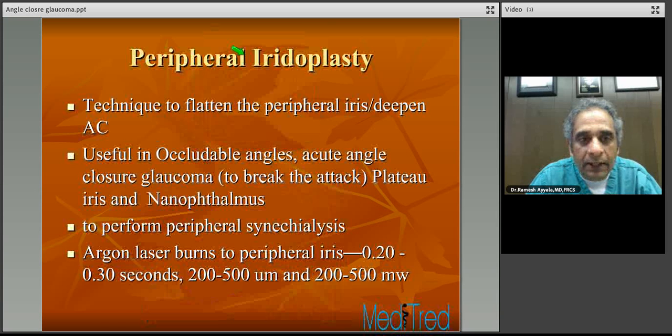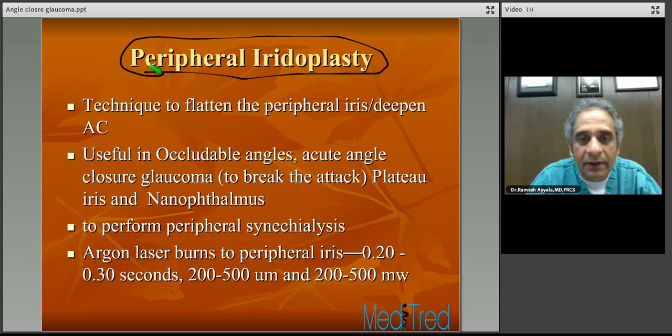The other entity that is gaining more popularity nowadays, an underutilized but extremely valuable treatment modality, is the peripheral iridoplasty. It's a technique to flatten the peripheral iris or the convex iris and deepen the anterior chamber. Useful in occludable angles, acute angle closure glaucoma to break the attack, plateau iris, and nanophthalmos.